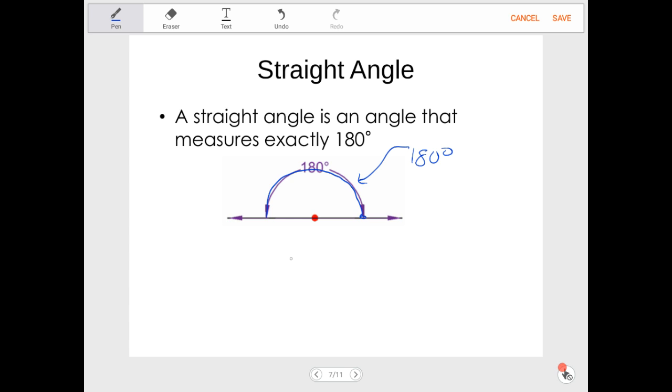Obviously then, just so everyone knows, and I know you've covered this before, if you were to go all the way around a circle, so if I start here and go all the way over, that is my straight. So I've gone from here to here, that's a straight angle. But remember, if you go all the way around a circle, that is 360 degrees. So an entire circle is 360. A straight angle from here to here would be 180 because that is half of a circle.